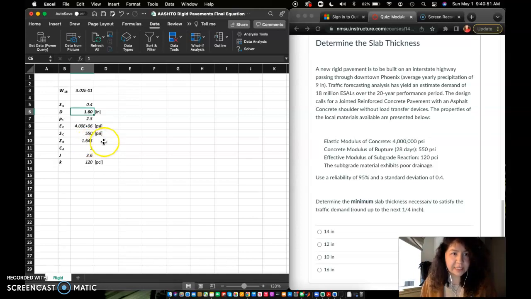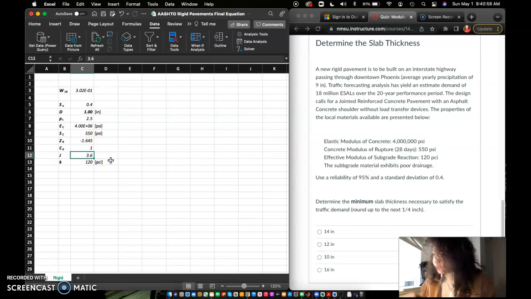My 95% reliability, my drainage, my coefficient of load transfer device, asphalt concrete shoulder.